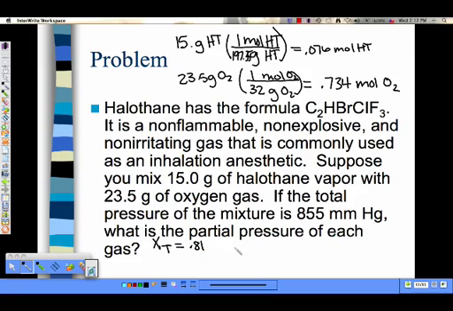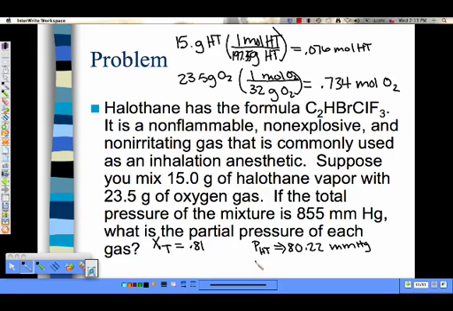So if I want to find the partial pressure of halothane, our mole fraction would be 0.076 divided by 0.81. So I get 0.09 multiplied by the total pressure. Now since we're not using R, we can leave it in millimeters mercury, so our units will be millimeters mercury. So 80.22 millimeters mercury.